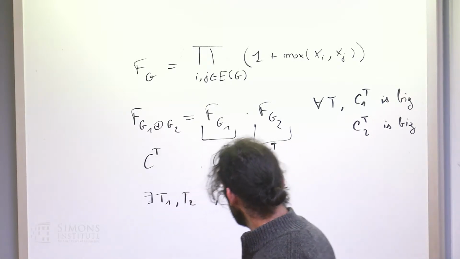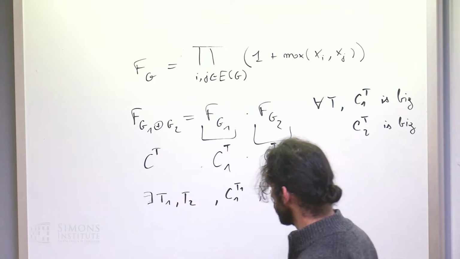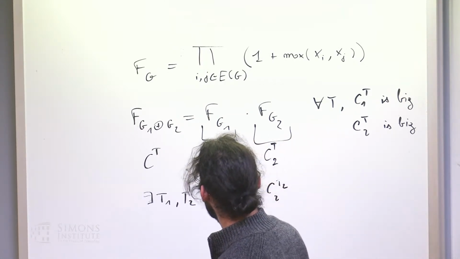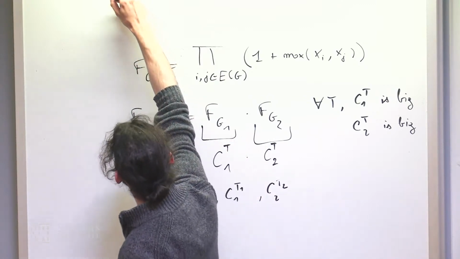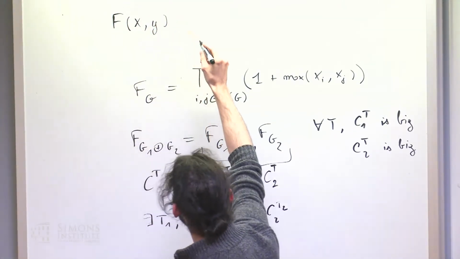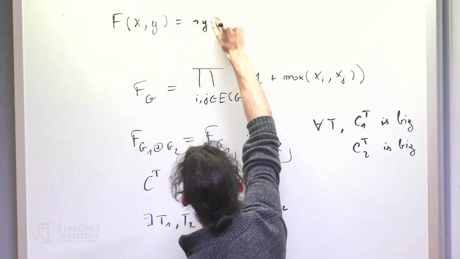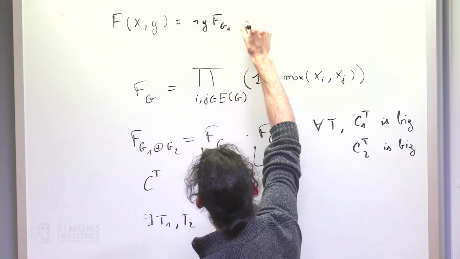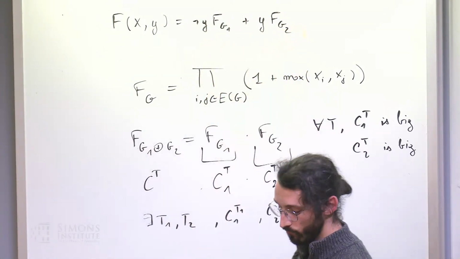And now you're going to use this to construct the function to do the separation. Essentially, you introduce a fresh variable y, and you look at this function.